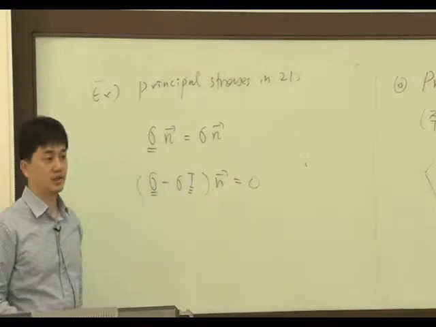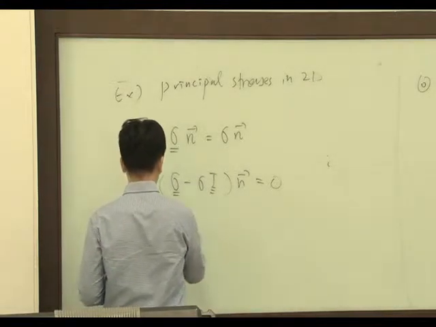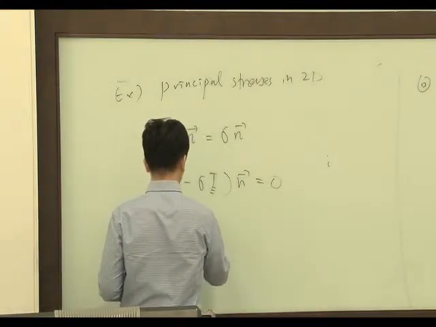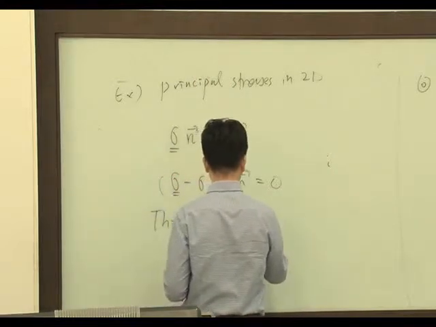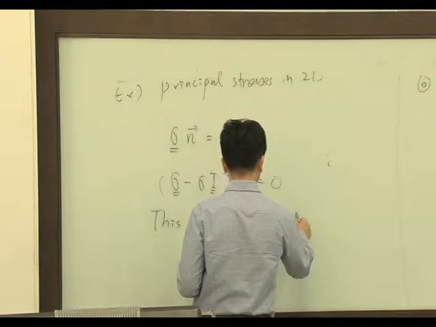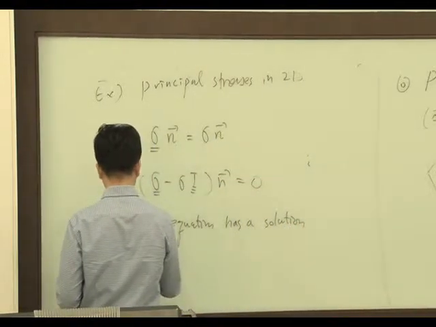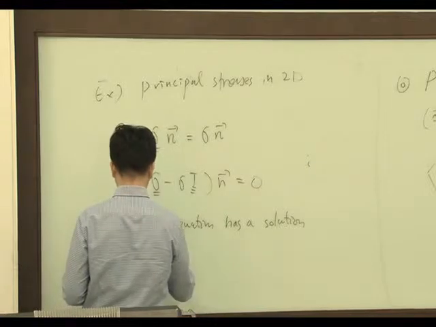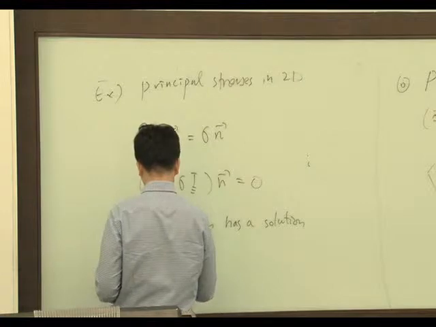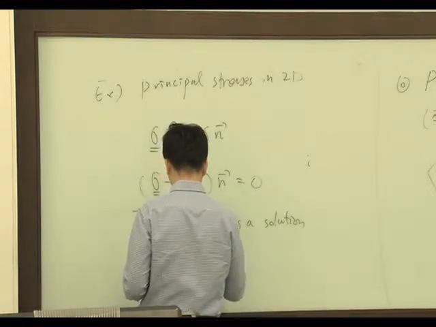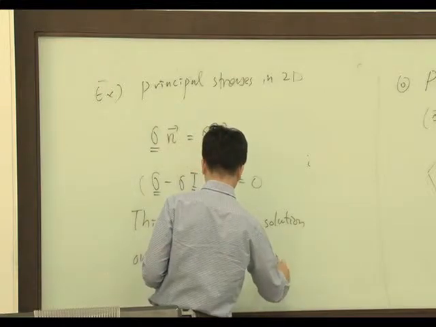Then how can I solve this? So this equation has a solution only if the determinant equals 0.